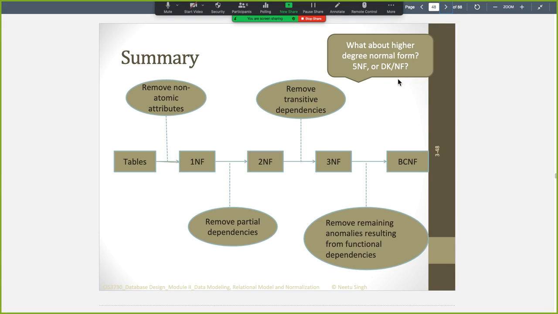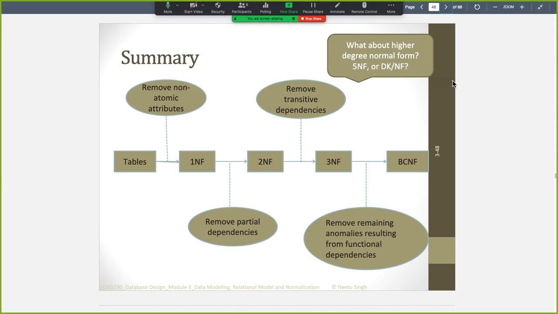By the way, domain key normal form, or fifth normal form, is related to the two other database integrities we talked about, called domain integrity and entity integrity. To protect those two integrities, you have to look at the range of the data values and prevent the anomaly.